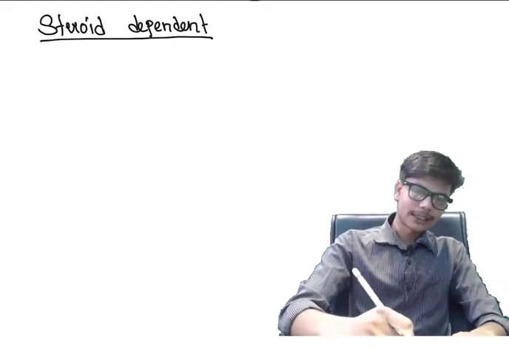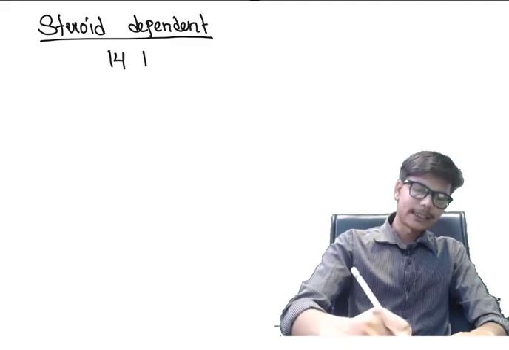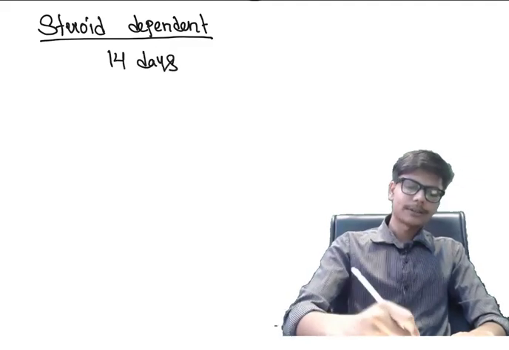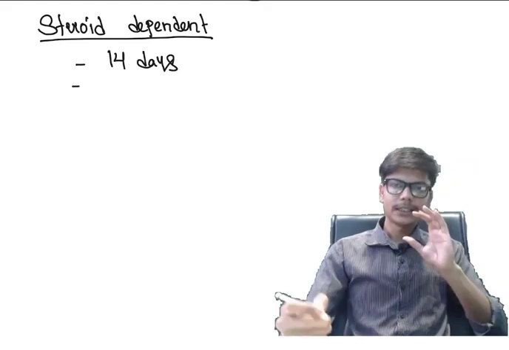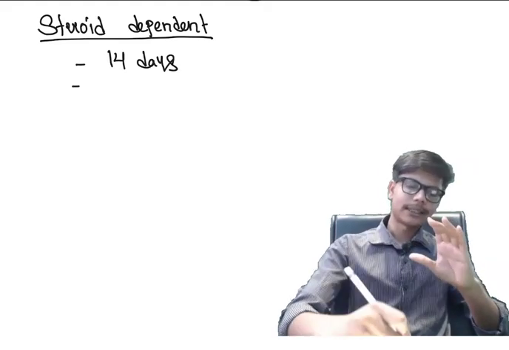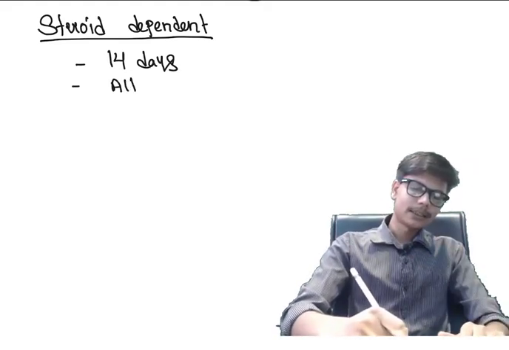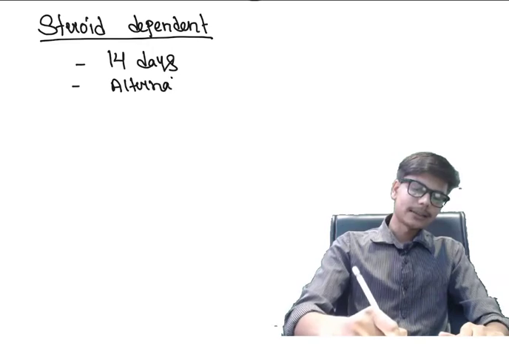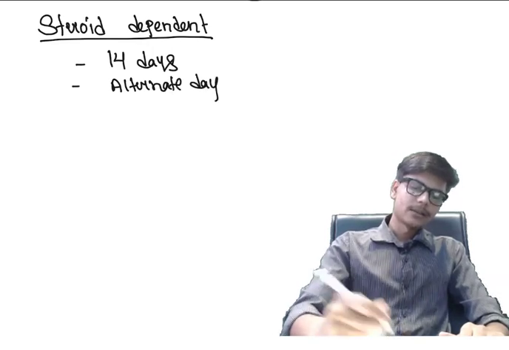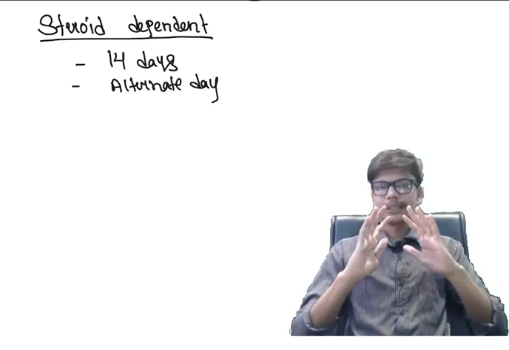After stopping drug therapy, within 14 days there is a relapse. Or if we are reducing the dose of the steroid, that is when we are giving alternate day therapy, during this period there is a relapse.